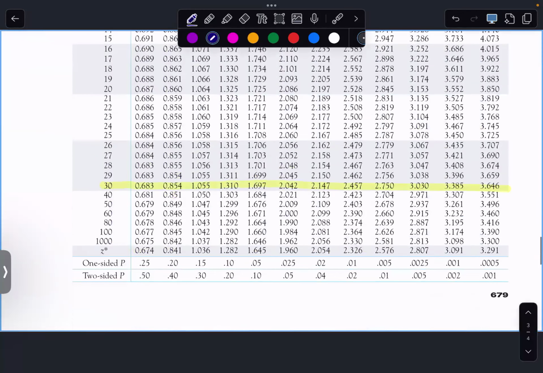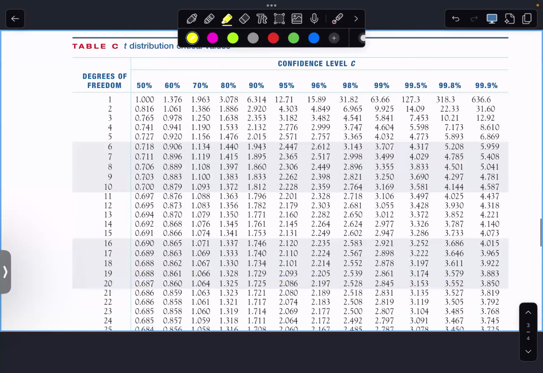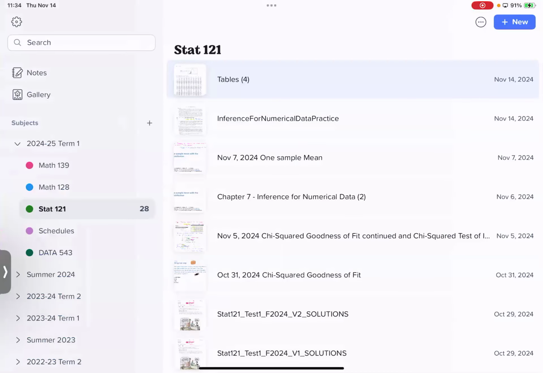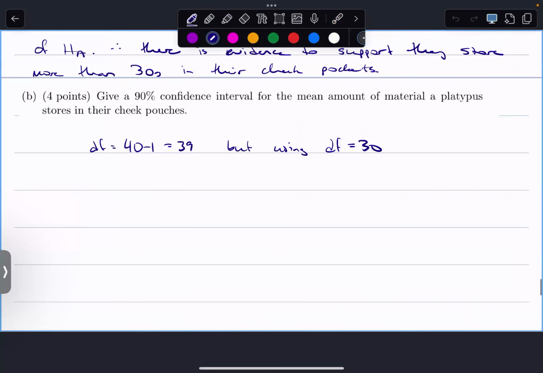So you could think backwards from the one-sided, two-sided P's. You don't need that top line, but I think it's easier. Just go down from here. So then my T star is 1.697 for a 90% confidence interval.